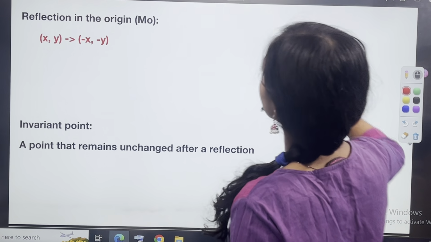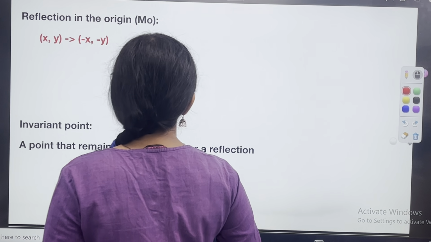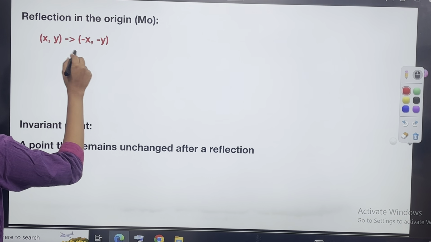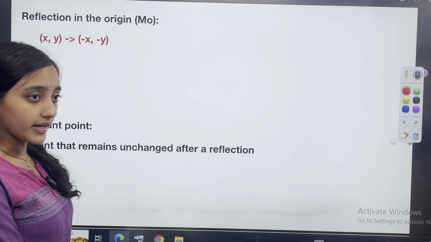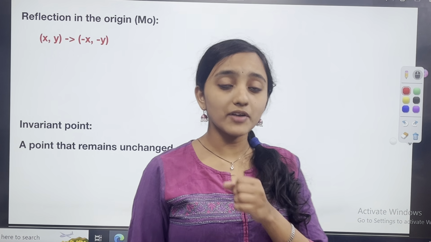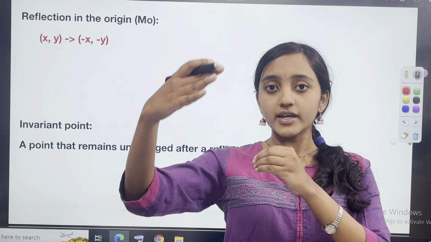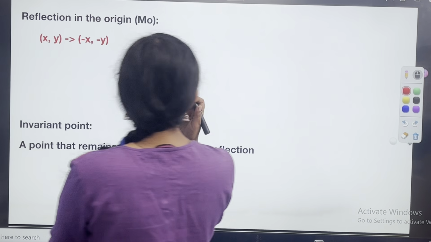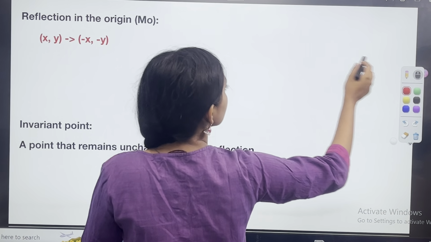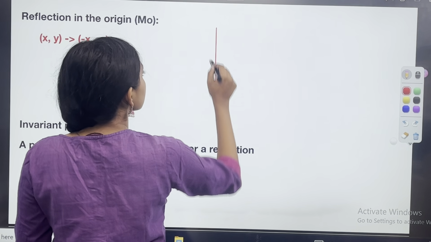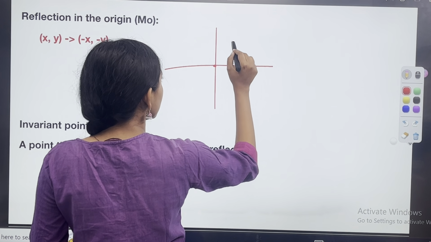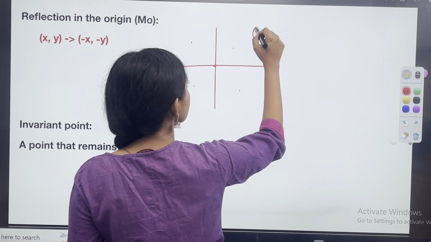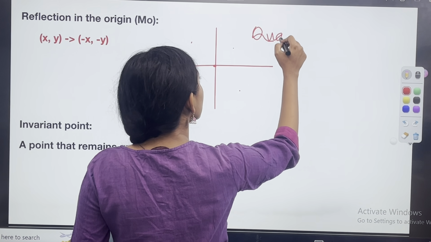Now, what happens if it is reflection in the origin? If it is reflection in the origin, x comma y becomes minus x comma minus y. Basically, it completely changes the coordinate. If you have something here, it becomes here. If you have something here, it becomes here. These are the 4 quadrants of coordinate geometry, right? You do not need to know these details.